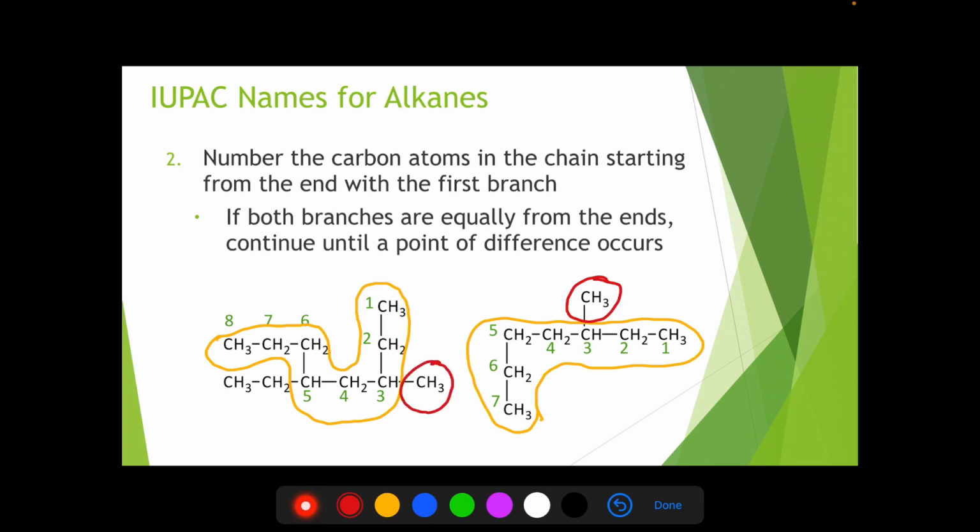At this 3rd carbon is a methyl group. And at the 5th carbon is an ethyl group. So I have a methyl and an ethyl, and for this one I just have a methyl. If both branches are equally from the ends, continue until a point of a difference occurs, and I'll give you some examples of that.